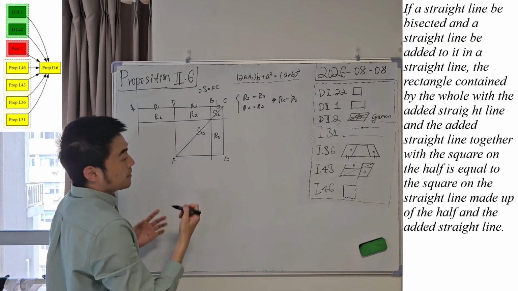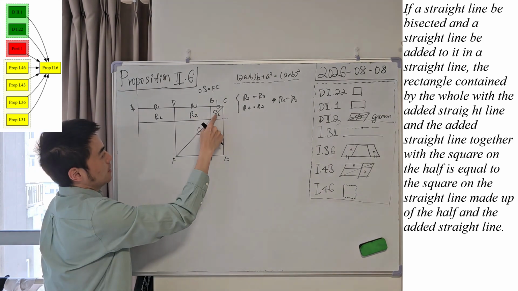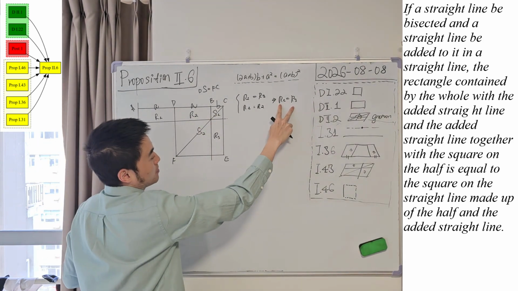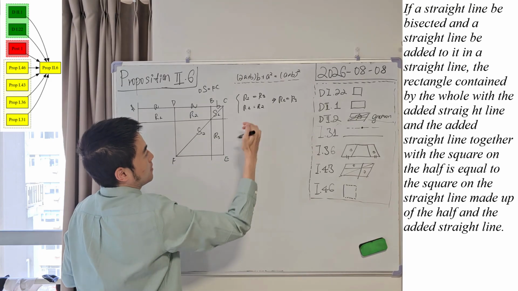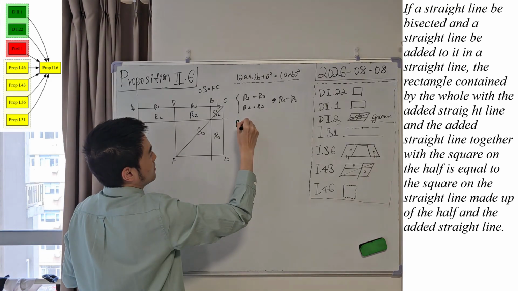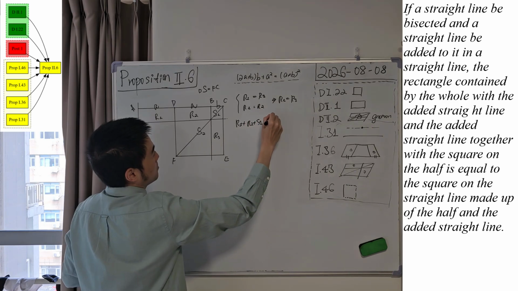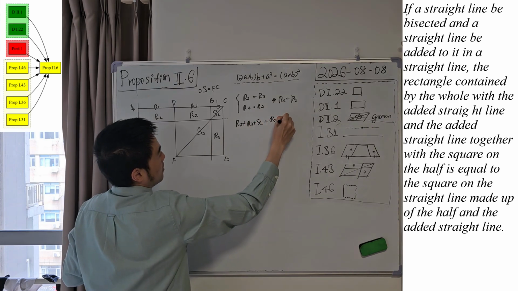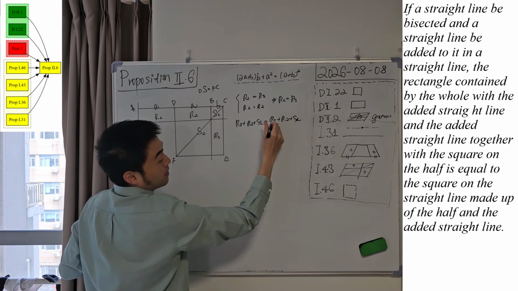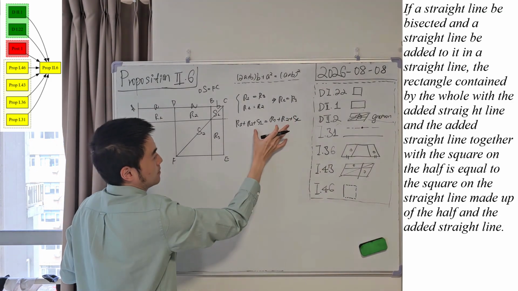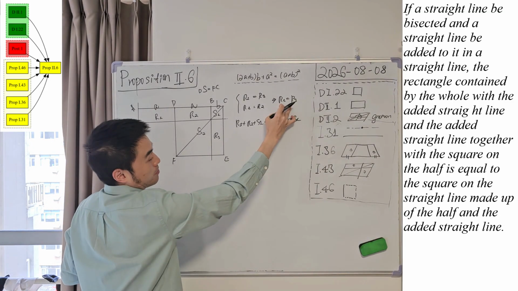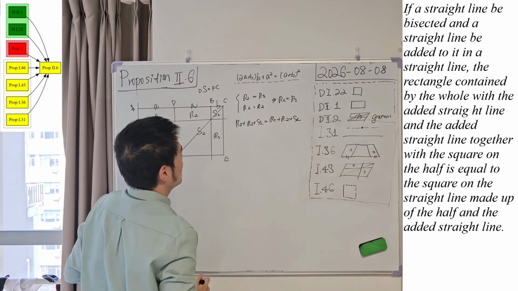And let us add both R2 and S1 to both sides of this equality. Then we have R1 plus R2 plus S1 equal to R3 plus R2 plus S1 because of common notion 2, right? We add equal things to equal things, the results are also equal.